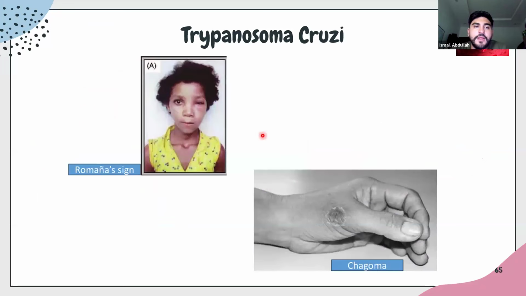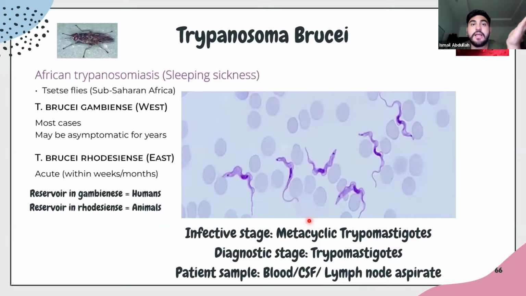Now, we have Trypanosoma cruzi, and we have Trypanosoma brucei as well. The cruzi one is going to be clinically associated with Romana's sign, as you can see right here, and they would have this kind of skin lesion called a chagoma. So these are diagnostic for Trypanosoma cruzi.